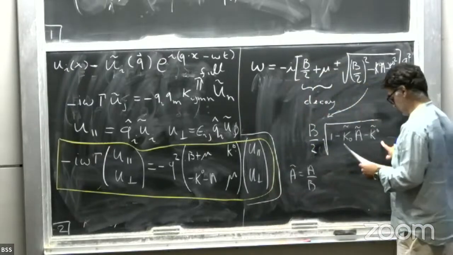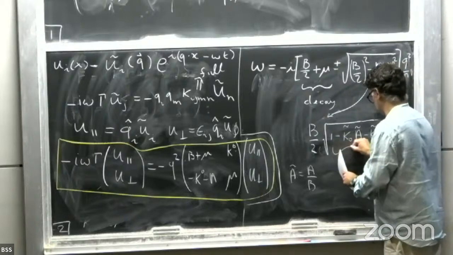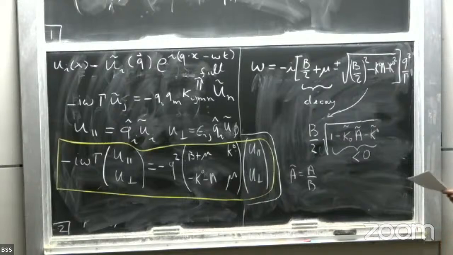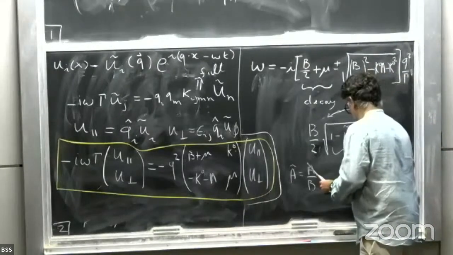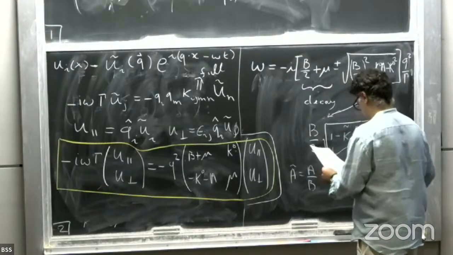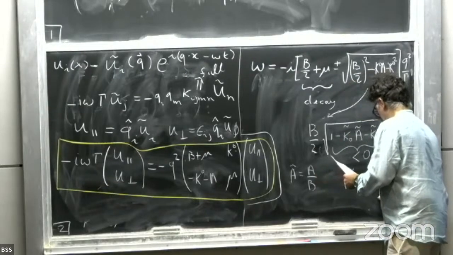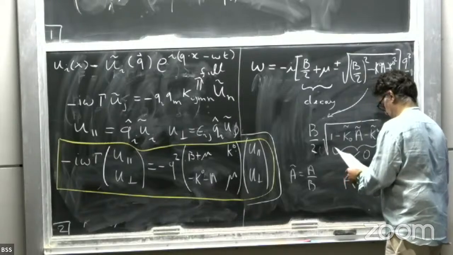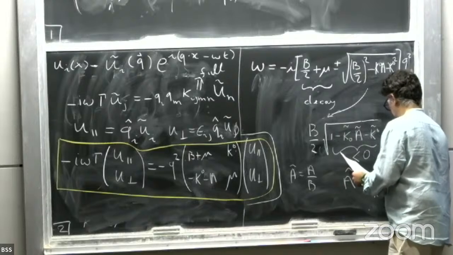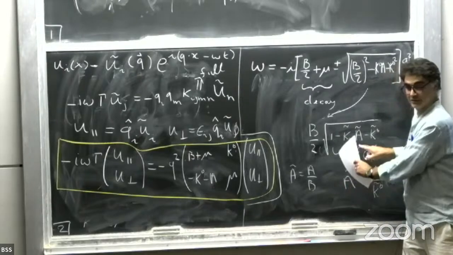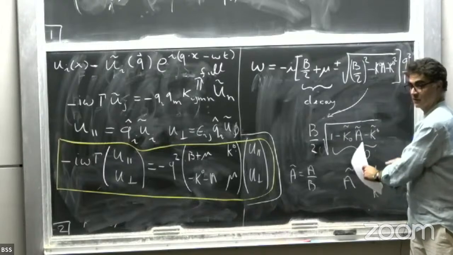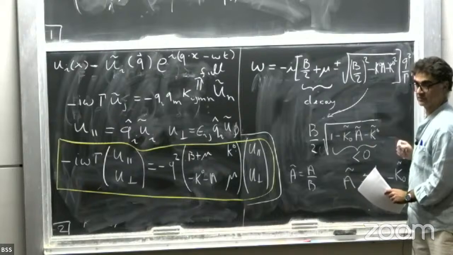And this quantity under here, you want it to be less than 0. So that tells you that there's a condition a tilde equal 1 over k naught tilde minus k naught tilde, which is a boundary in the space of a and k naught, where you will start seeing a wave.